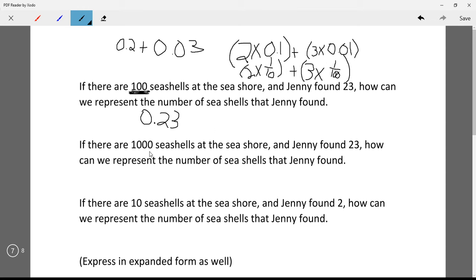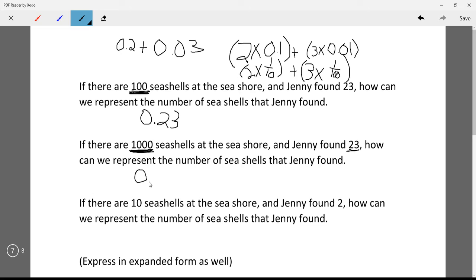Okay, now in this case, if there are 1,000 seashells at the seashore and Jenny found 23, how can we represent the number of seashells that Jenny found? So now, since there are 1,000, we need to just put 23, how many she found, in the thousands. So we're going to write 23 thousandths.